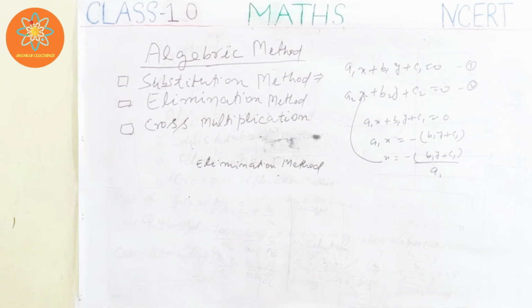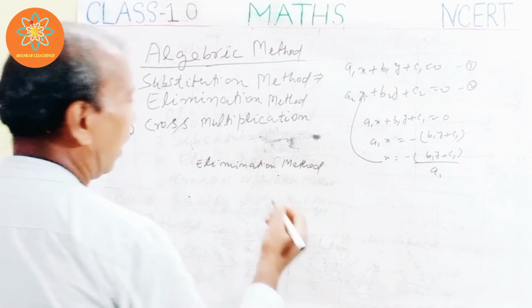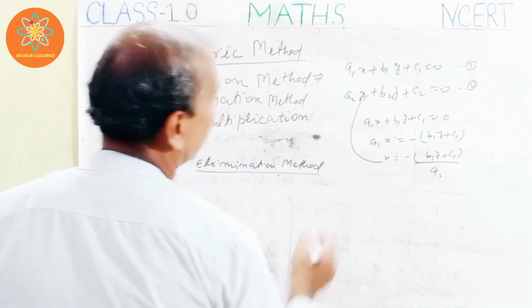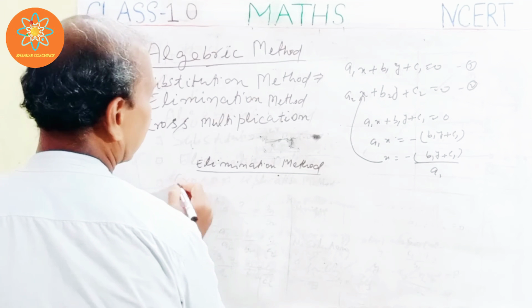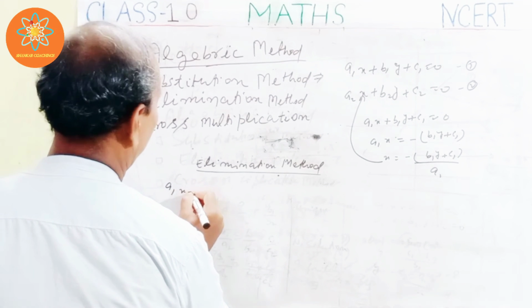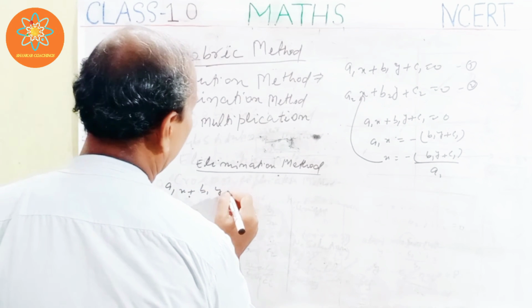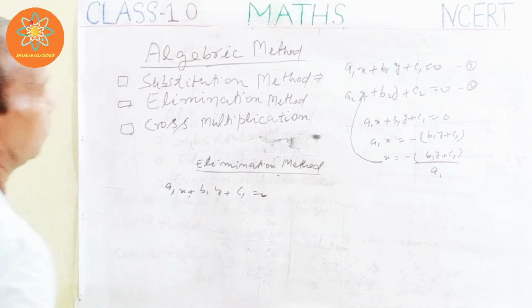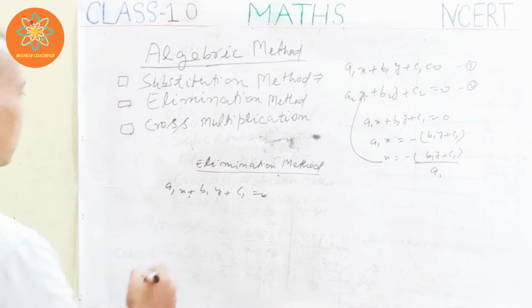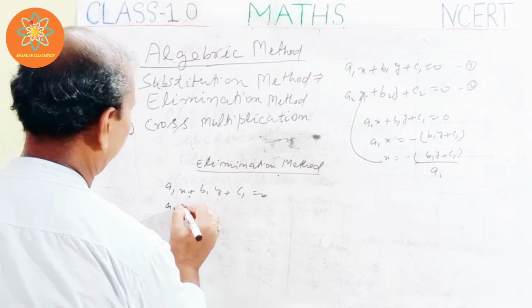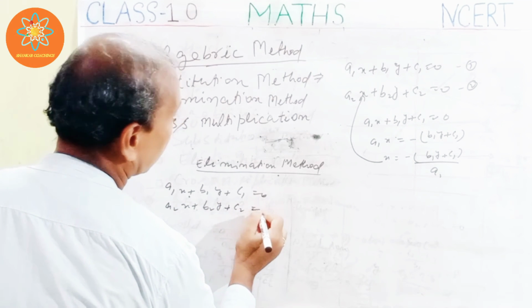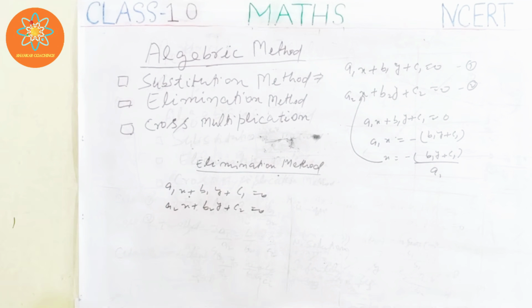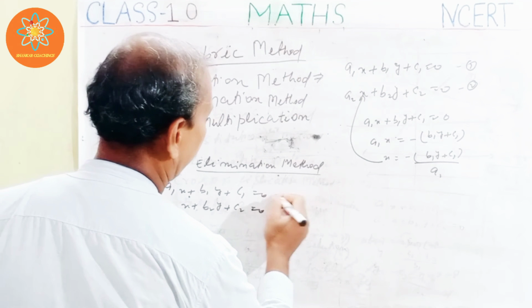In the elimination method, again I will write both equations: a1x plus b1y plus c1 is equal to 0, and a2x plus b2y plus c2 is equal to 0. In this I want to use the elimination method.